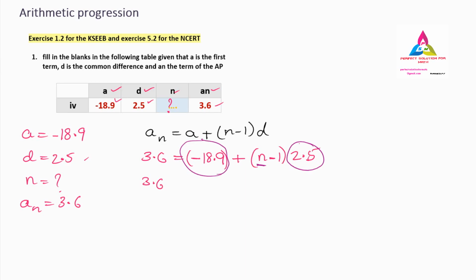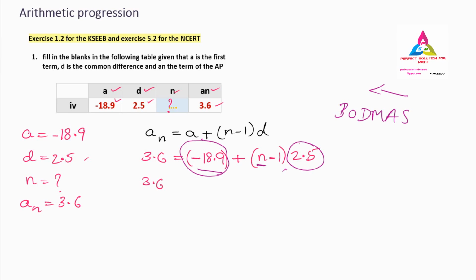So first we will shift minus 18.9 to the other side, because here we have multiplication. The BODMAS rule that we have will play an important role. When you are shifting, we have to go from right to left, means first we have to shift the subtraction, addition, multiplication, division, order, and the bracket.